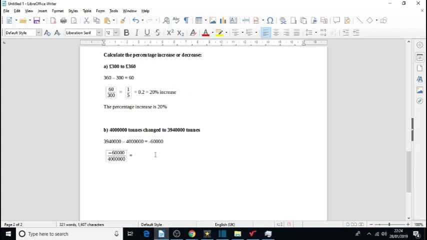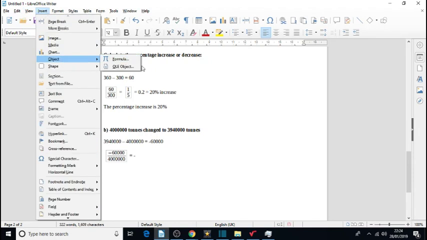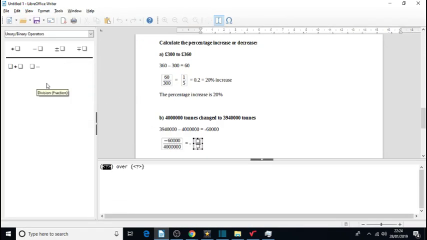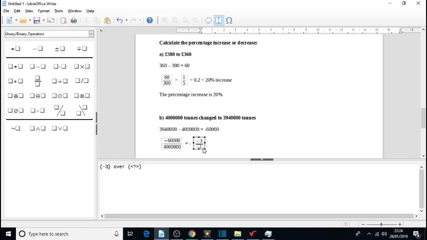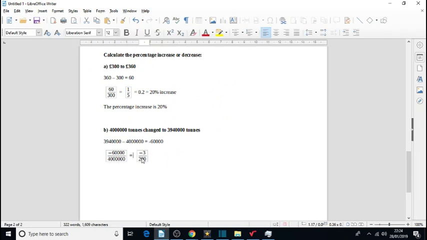And that is the same as writing minus 3 over 200. And that is equal to minus 0.015. If you multiply that by 100, it'd be minus 1.5%.